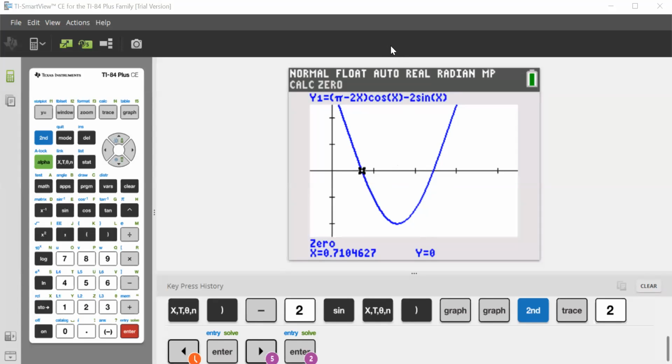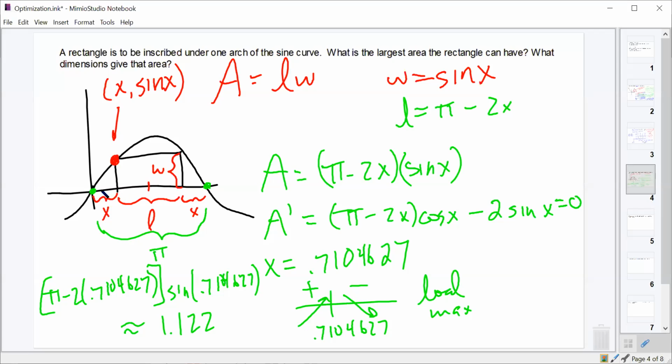And if you think about the domain for our function, x has to be less than half of pi, because x can't be more than halfway over here. And so half of pi would be 1.55-ish, and so we couldn't have a value that's greater than 2 as our x value. Does that make sense?